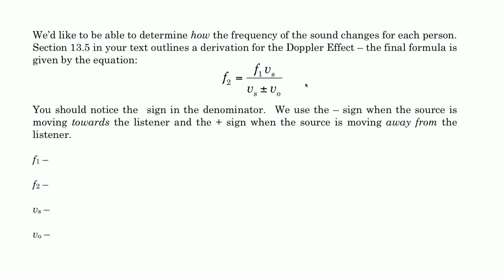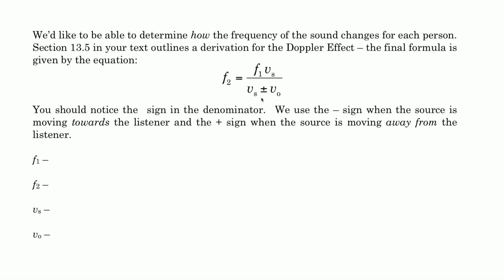But the final formula, and the one that we'll use here, is that F2, the sound that we hear, is given by F1 times the speed of sound, divided by the speed of sound plus or minus the speed of the object. First of all, you should note the plus or minus sign in the denominator. We use the minus sign when the source is moving towards the listener, and we use the plus sign when the source is moving away from the listener.